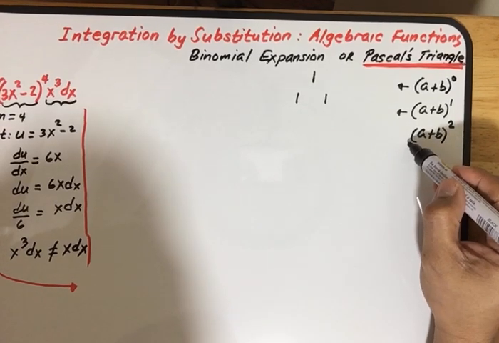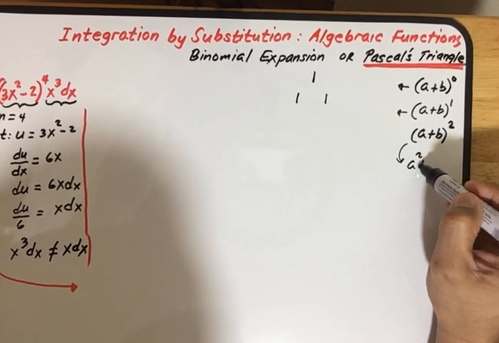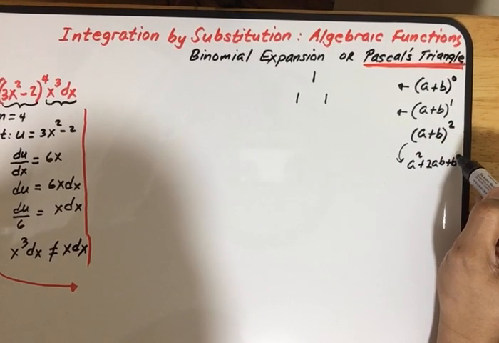So this will be a squared plus 2ab plus b squared.